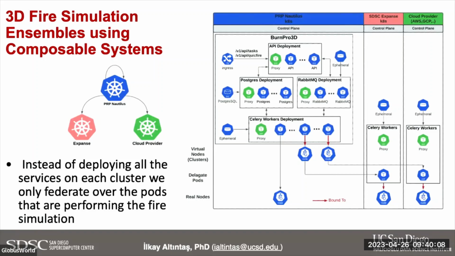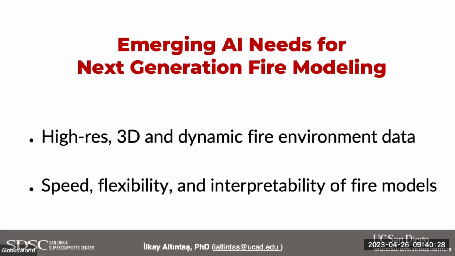And of course, when we are performing the fire simulation, some optimization on that computing time and cost of that through, instead of deploying all services on each cluster, federating over the pods that are already running, for instance, things like that become the challenges to both reduce cost and increase performance.